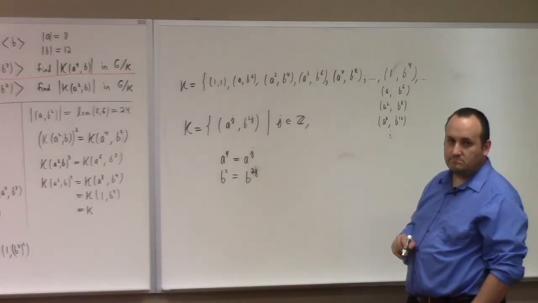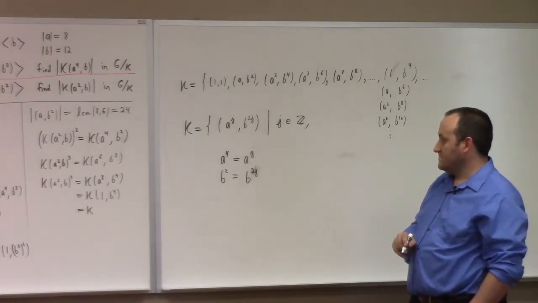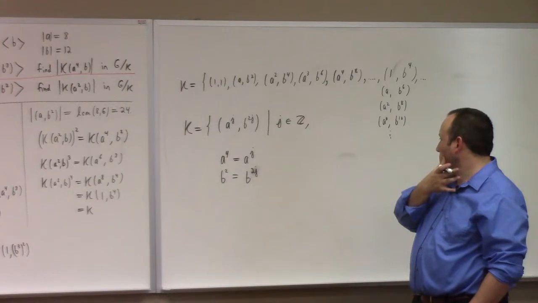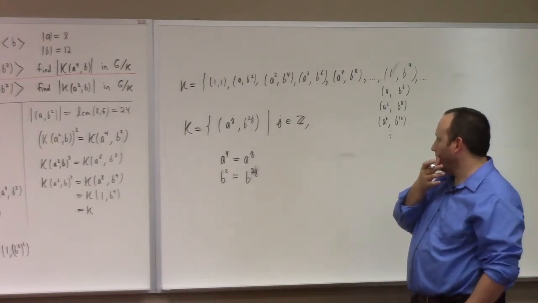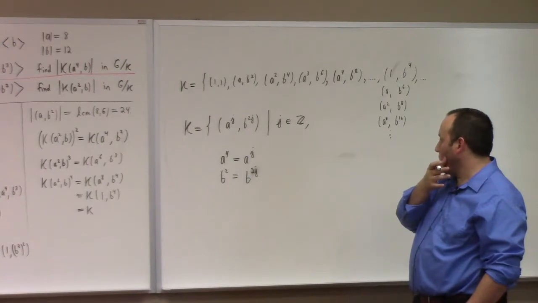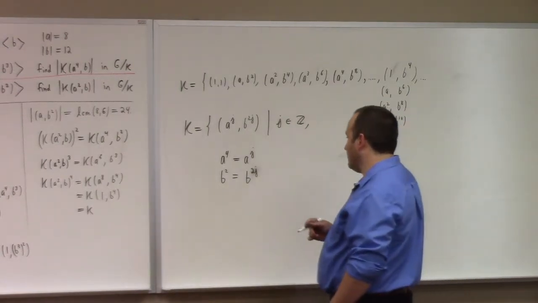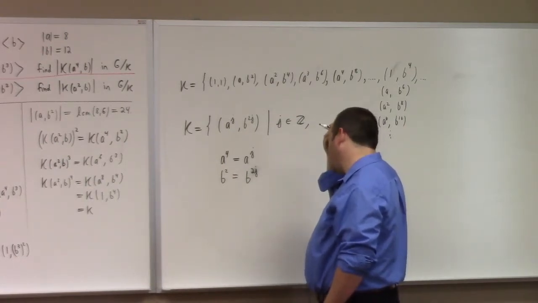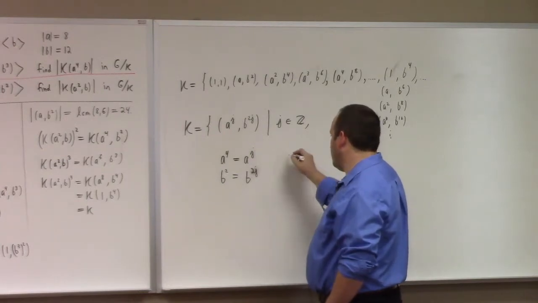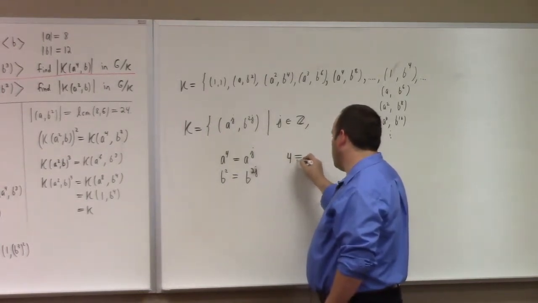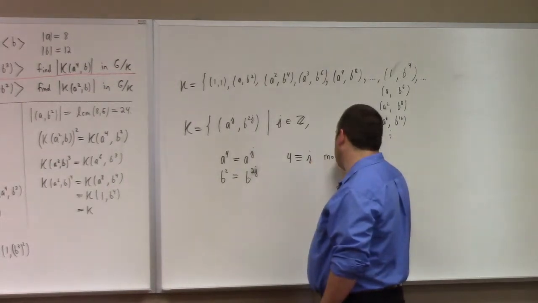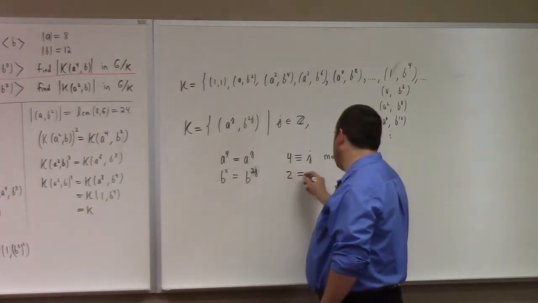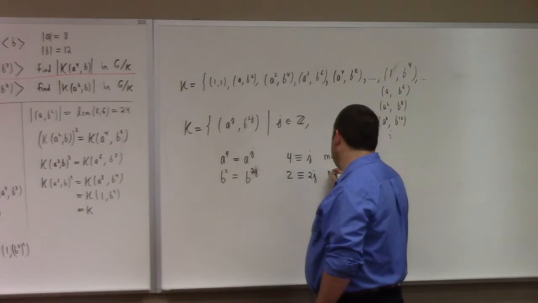That form doesn't fit a, b to the 6th, which we established is in K. This means 4 is congruent to j mod what? Mod 8, yeah. And this means that 2 is congruent to 2j mod what?